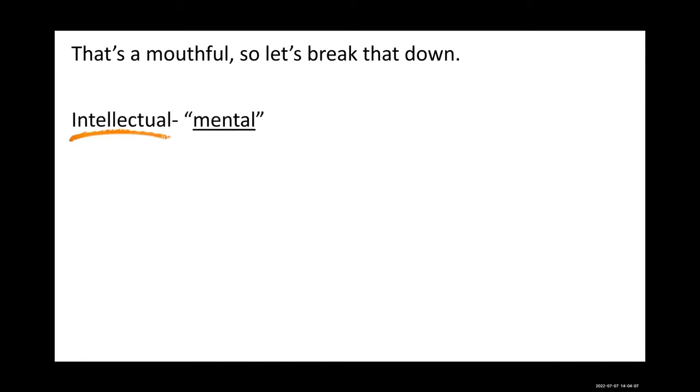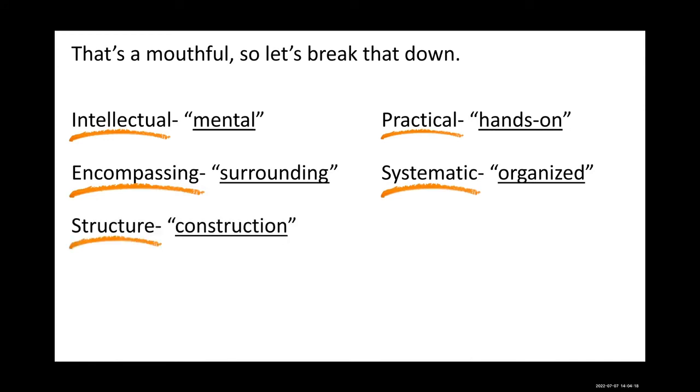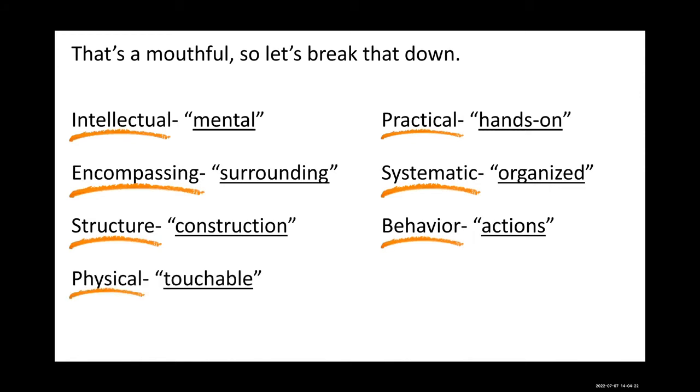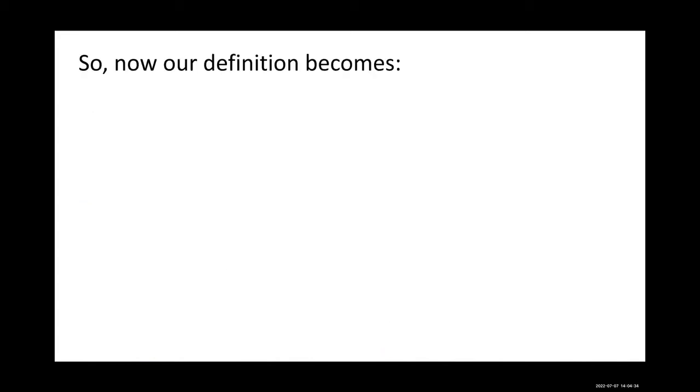Intellectual means mental, practical means hands-on, encompassing means surrounding, systematic means organized, structure means construction, behavior means actions, physical means touchable, and natural means real. We're just going to replace some of those words with more familiar words. Observation is watching, and lastly, experiment is testing.